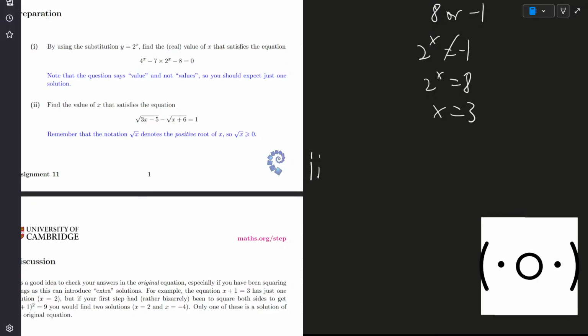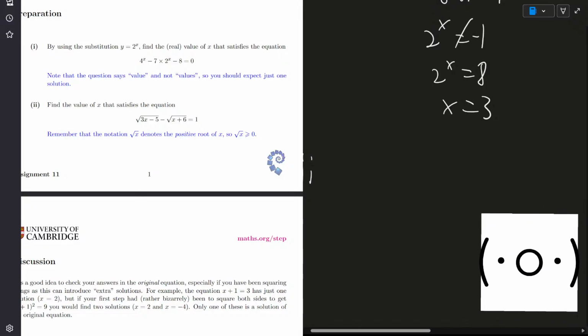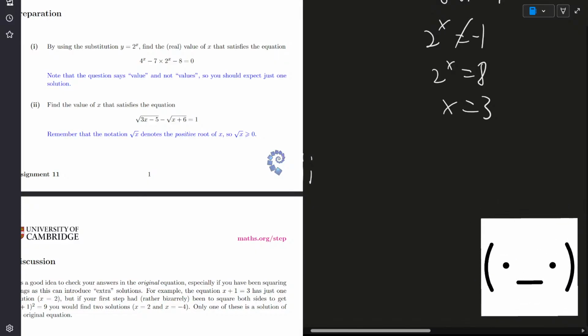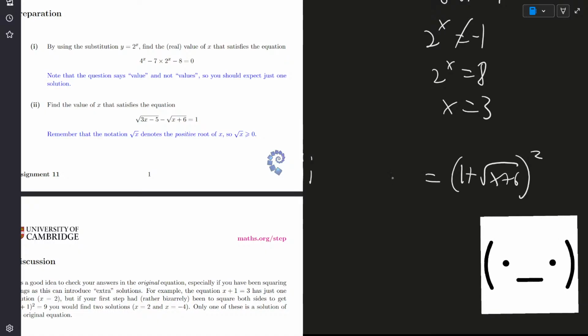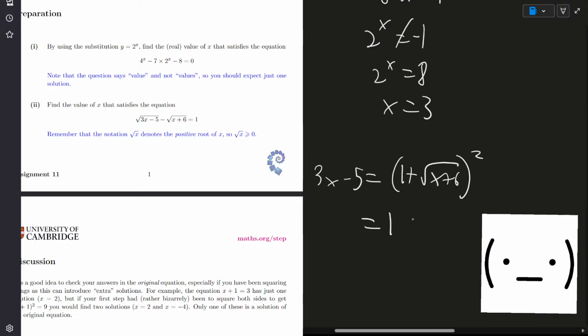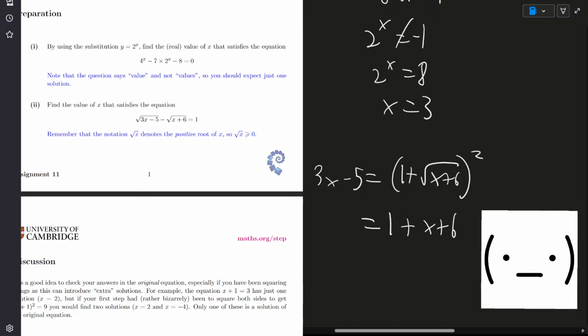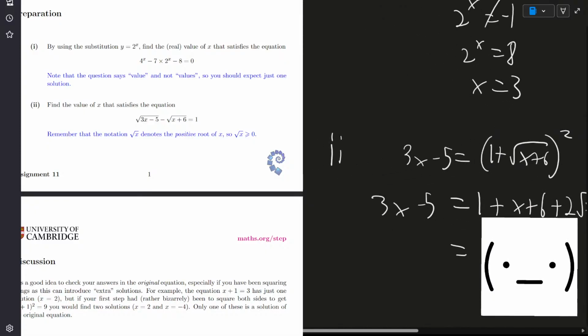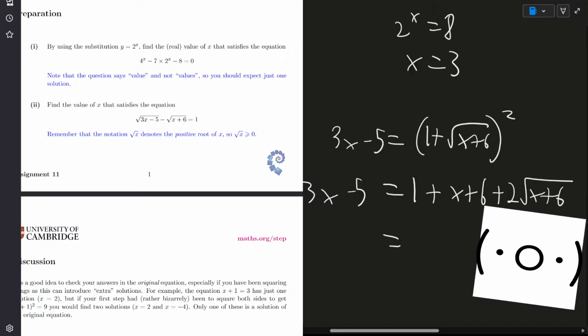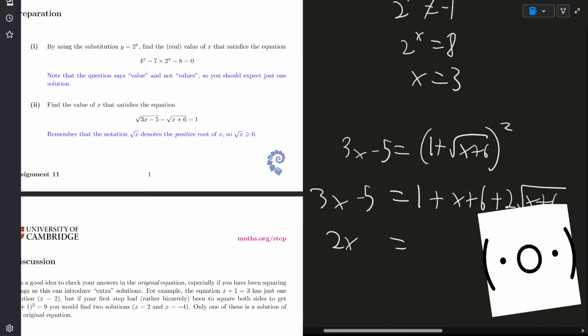But there is only one value of x, so if it does happen, then too bad. Hmm, 2x.